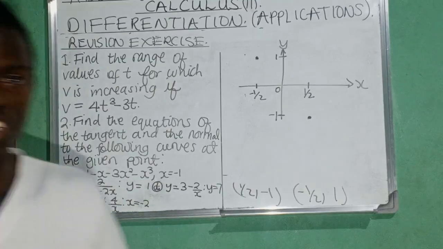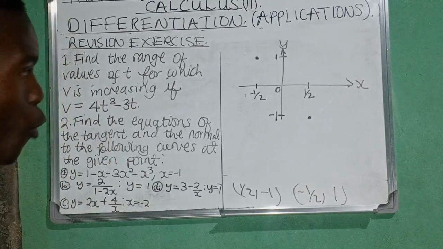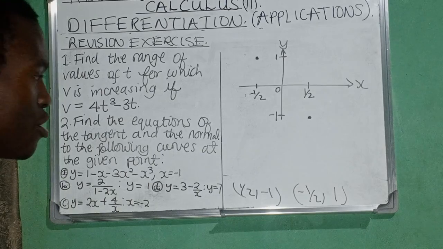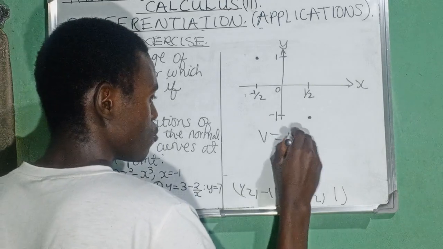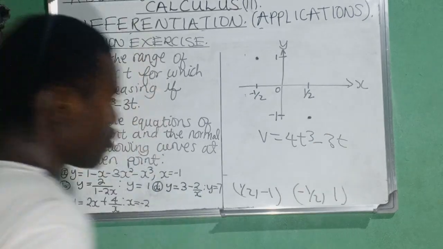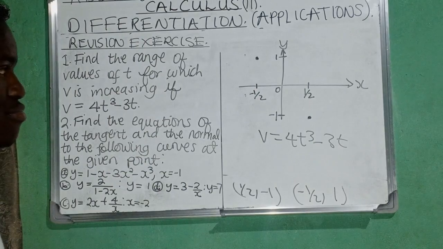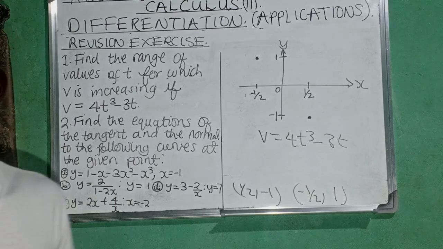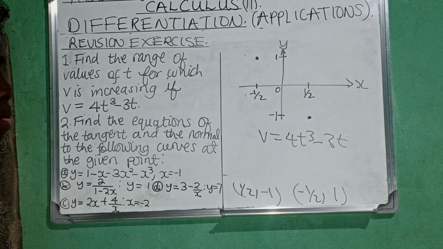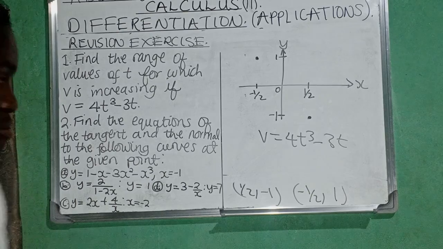Now we don't know how to sketch the graphs. How should we sketch the graph? So first of all, we need to think of values of t from the function. We have the function v is equal to 4t cubed minus 3t. So let us think of values of t less than negative half, in this case, negative 1, right?